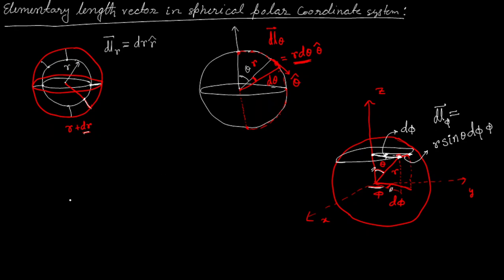So we can write the elementary length in the spherical polar coordinate system, and that will be dl. So dl will be dr r cap, plus r d theta theta cap, plus r sin theta d phi phi cap.